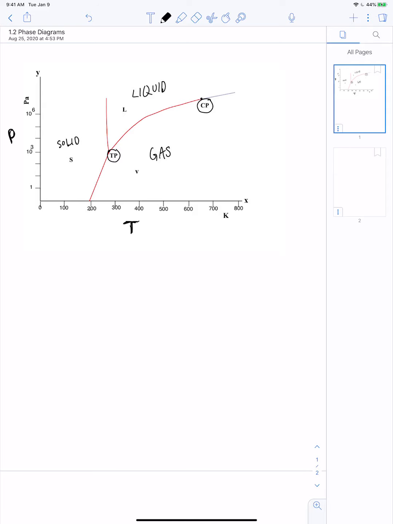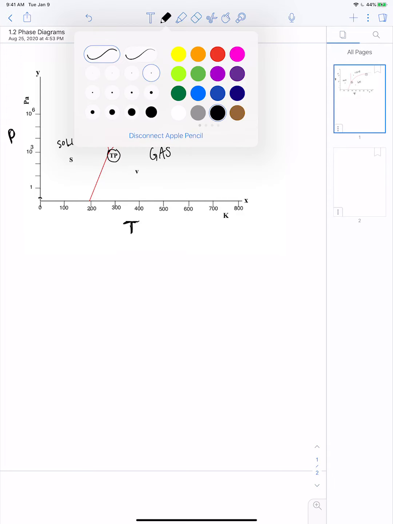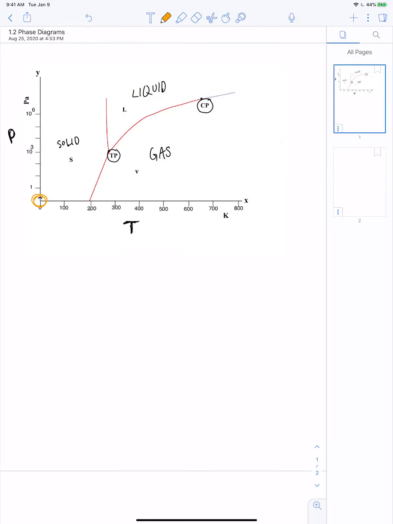But let's look at the actual phase transitions that we can go through and make sure that all makes sense to us. So if we think about the absolute extreme on this graph, we can look right here at this corner. Actually, let's look at things that reinforce each other. So let's look at this, maybe right here. When the temperature is close to absolute zero and the pressure is extremely high, you can think about what you might expect the phase to be.